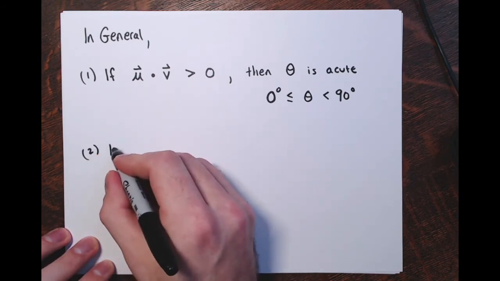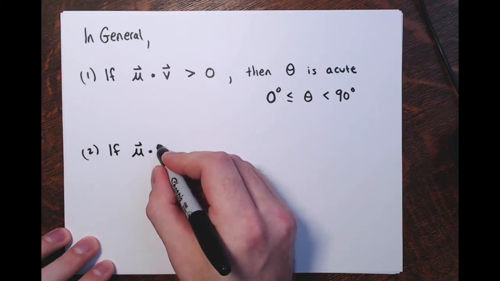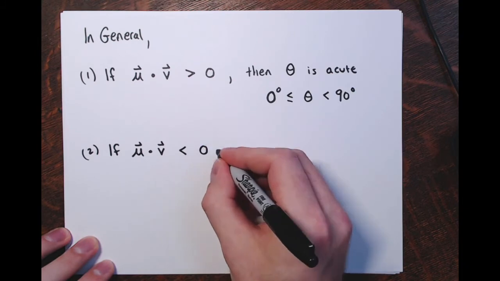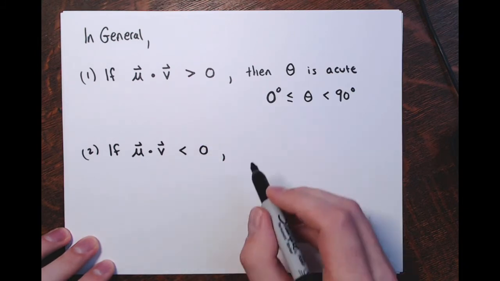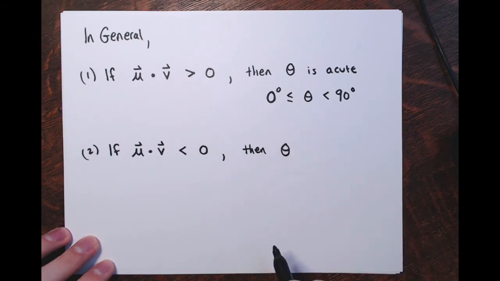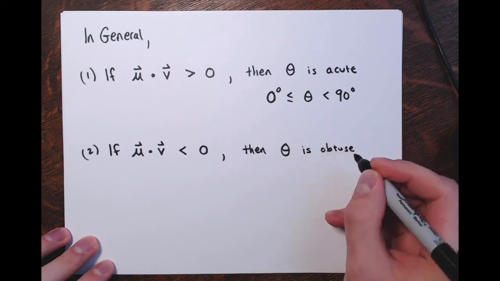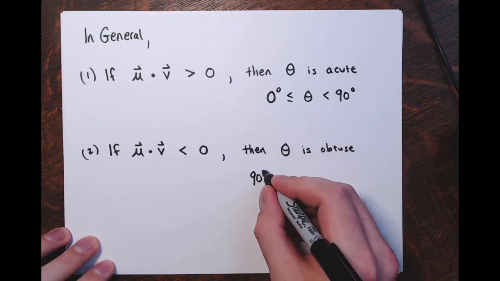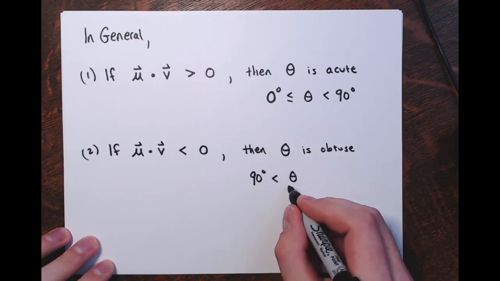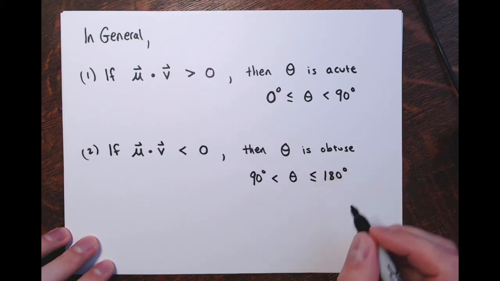If the dot product, and we haven't seen an example of this yet, but you will when you work on other problems, if the dot product is negative, less than 0, then the angle between the vectors will be obtuse, meaning that it's bigger than 90 degrees, but not equal, up to and possibly including 180 degrees.